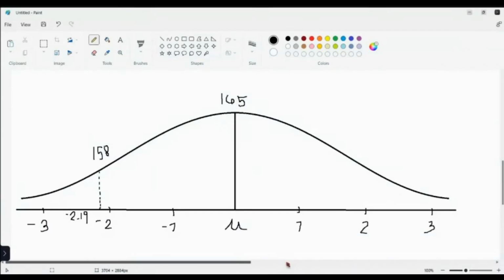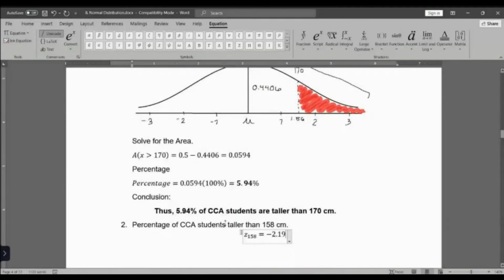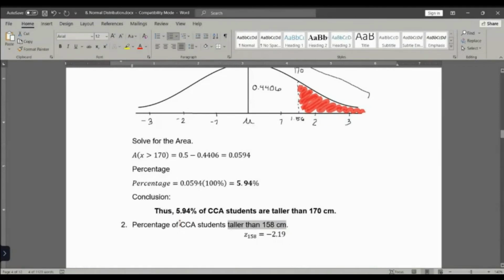Okay, taller. Going back to our example here. Taller. Okay, and I just told you, no, when we say taller, that is that we meant greater. Kapag shorter yun, i-shade natin yung left side. So take note, no, be very specific with your phrases like this.